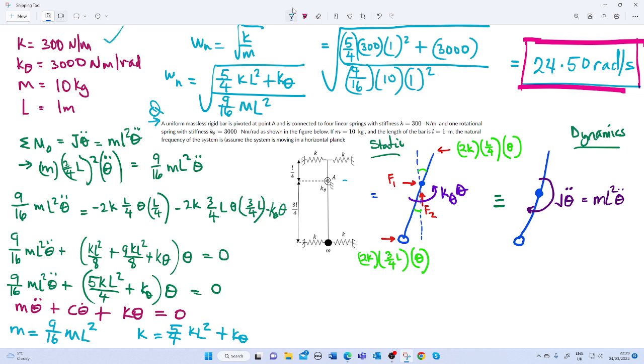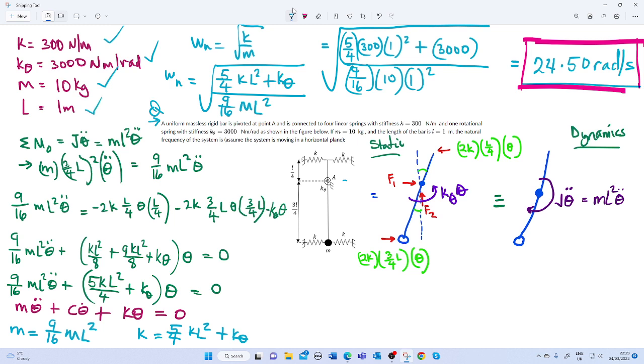We have K theta, the stiffness of the rotational spring, equals 3,000. We have the mass of the body, 10 kg. We have the length of the whole massless rigid system.